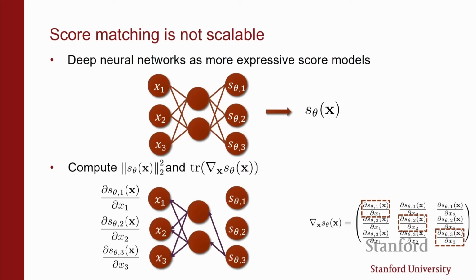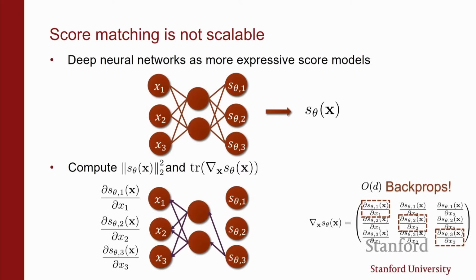And although we can do backpropagation, so you can compute these derivatives relatively efficiently, naively doing this would require a number of backpropagation steps that scales linearly with the number of dimensions that you have.